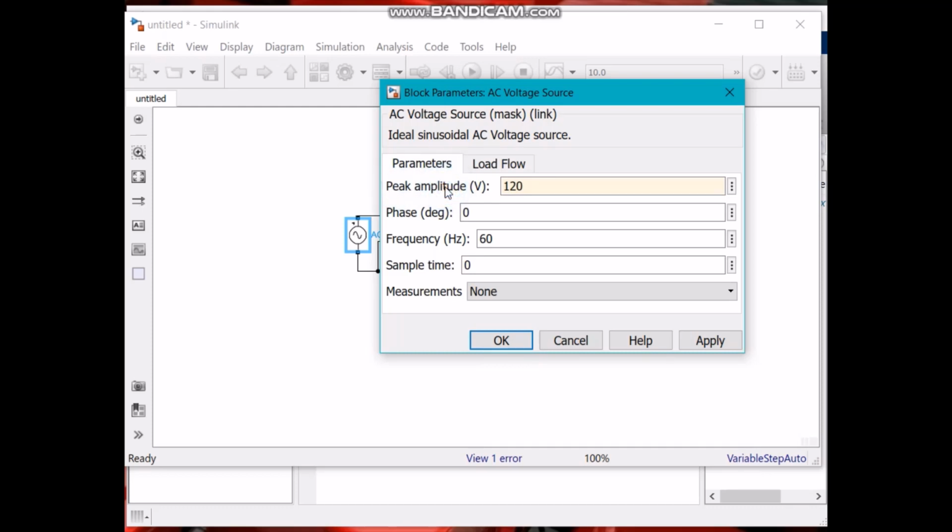But in practical transformers, we have RMS voltage. The voltage that you are getting from K electric is in RMS, not V peak. So the 230 volts that you are getting from the K electric is basically RMS voltage, not peak voltage. If you want to convert between peak amplitude and RMS voltage, you have to use the square root 2 factor. I'm not doing that, but just letting you know.